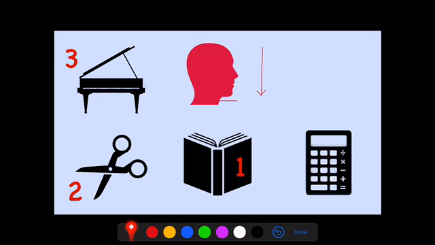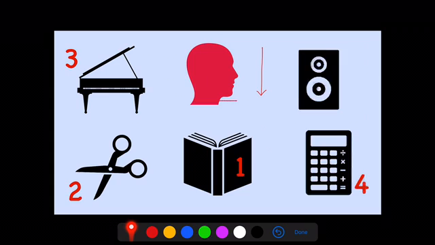Calculator. Calculator. 4. And the last one, speaker. Speaker. Well spotted. 2 syllables.